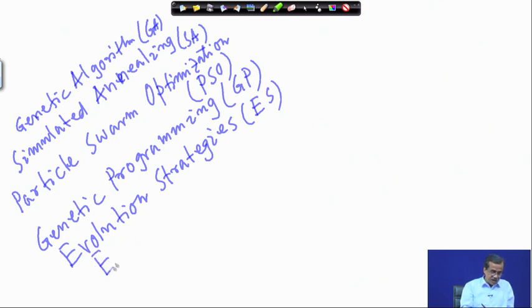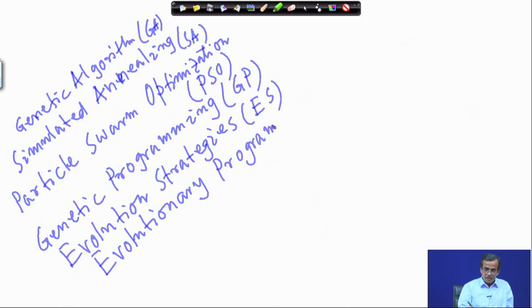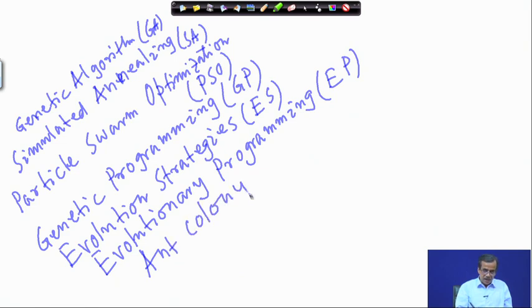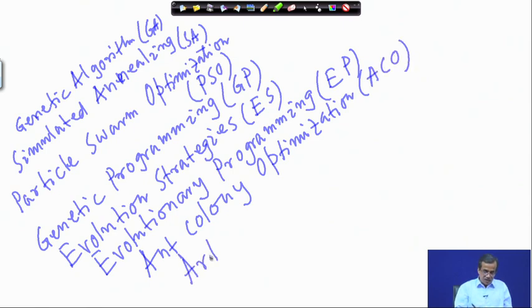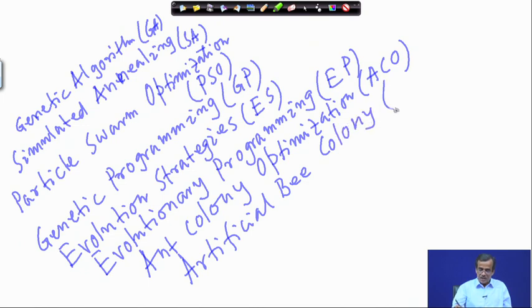We have got evolutionary programming, in short this is known as EP. Then we have got ant colony optimization, ACO, artificial bee colony, that is ABC.